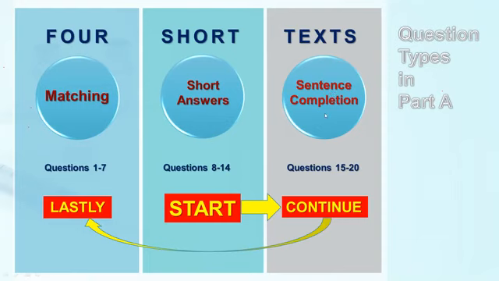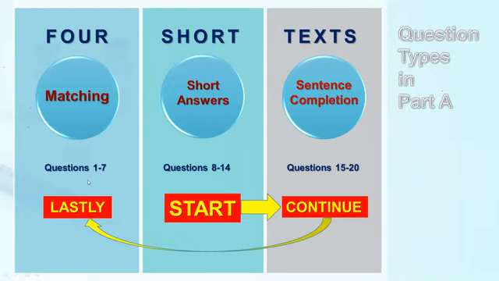And for the sequence to answer these 20 questions, I advise you to start answering from this point. Start with question number 8, and finish till question number 20, and after that go back to questions 1 to 7.